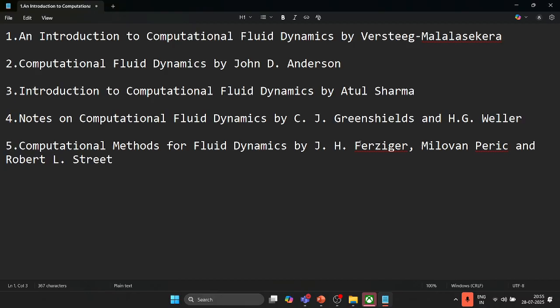So you're planning to use ANSYS Fluent for your PhD. Okay, so you're planning to write your own code, and that's a good thing.